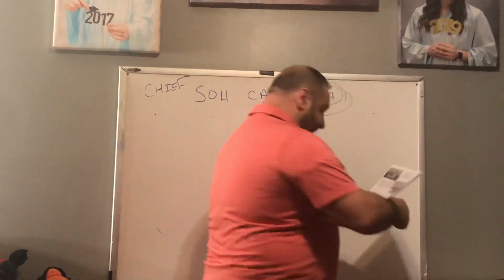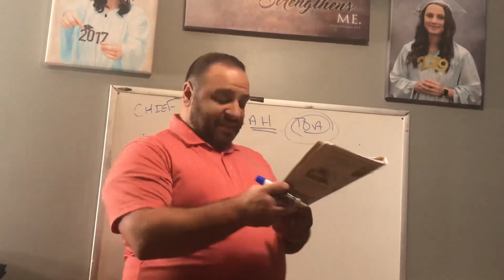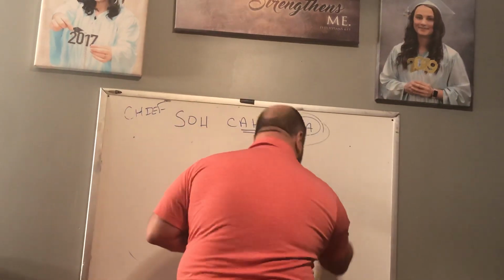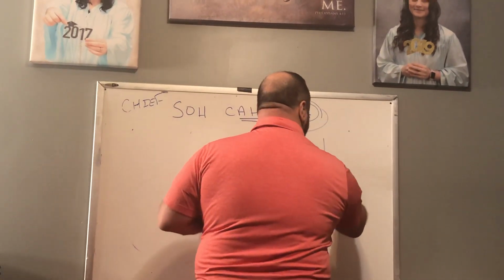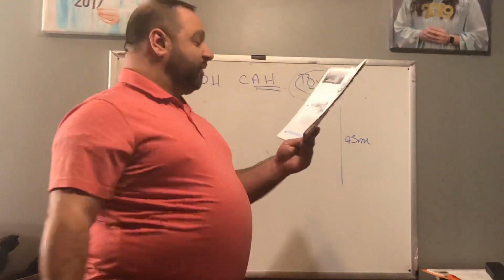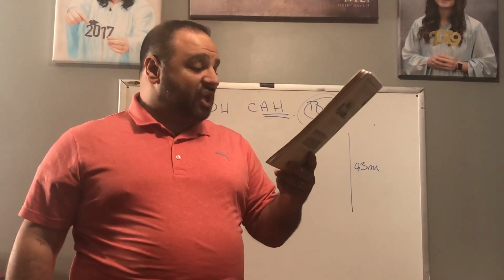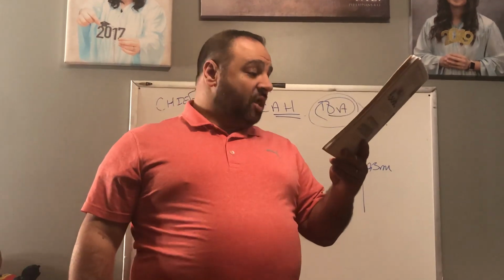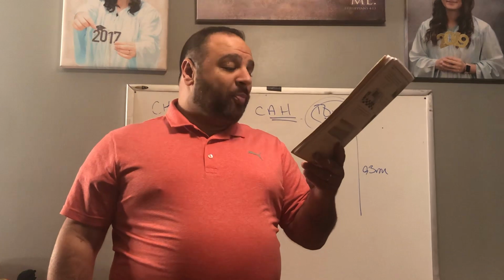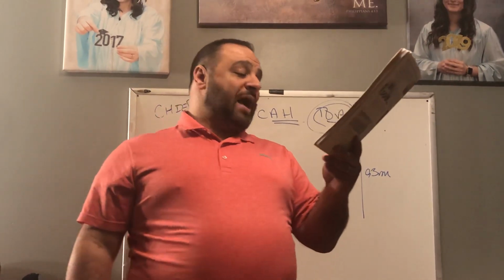All right, the Statue of Liberty is 93 meters tall. I'm just going to draw a line; I'm not going to draw the Statue of Liberty. When the measure of the angle of elevation of the sun is 50 degrees, what is the distance of the tip of the shadow from a point at water level directly below the highest point of the statue?